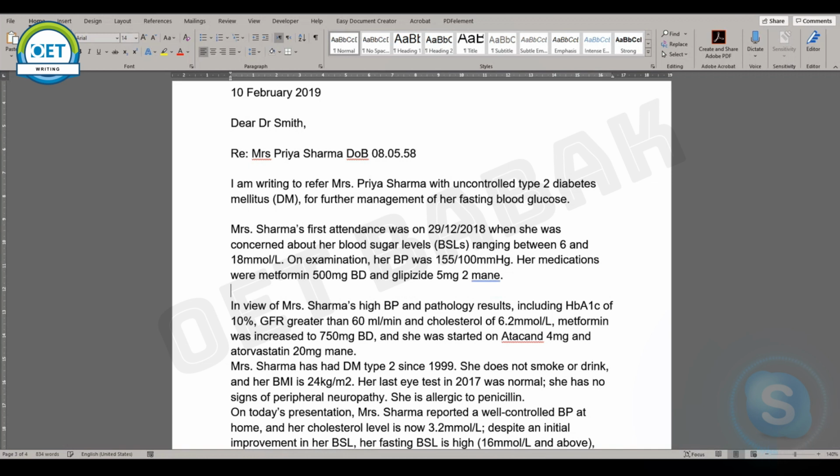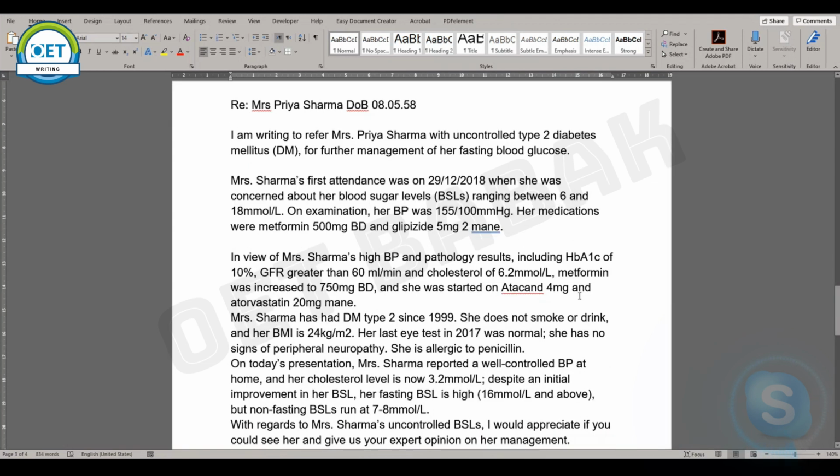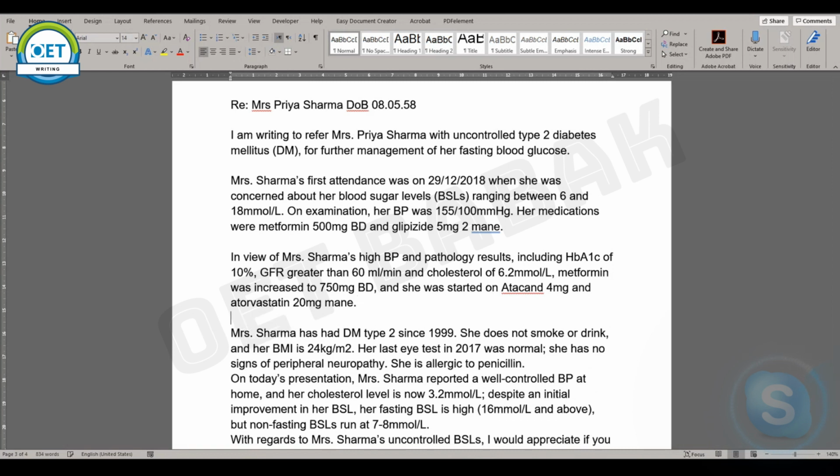Oh, this is actually a gentleman who wrote it. "In view of Mrs. Sharma's high BP and pathology results, including HbA1c of 10%, GFR greater than 60 and cholesterol of 6.2, metformin was increased to 750 BD and she was started on Atacand 4 milligram and atorvastatin 20 milligram in the morning.